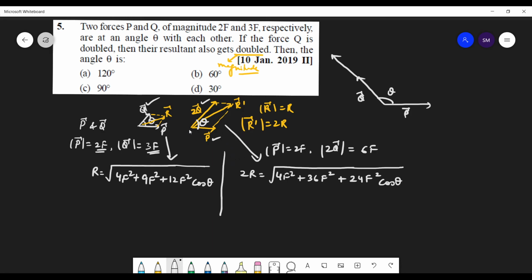But still, if you draw, it doesn't matter, whether it is acute or obtuse, because we are solving it algebraically, not measuring with a ruler. But yes, we must know the concept that this angle is 120.